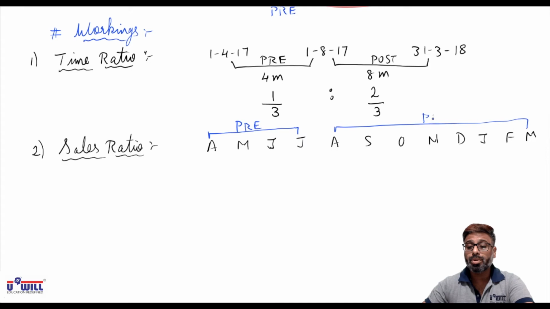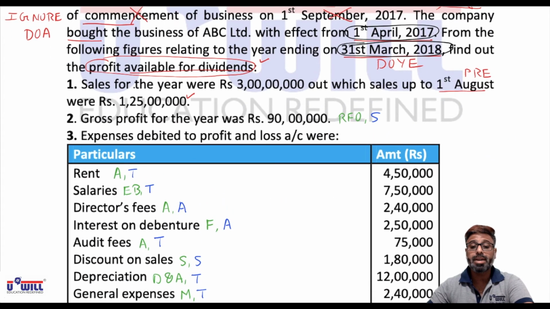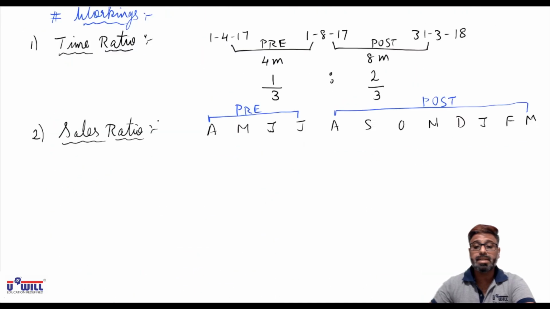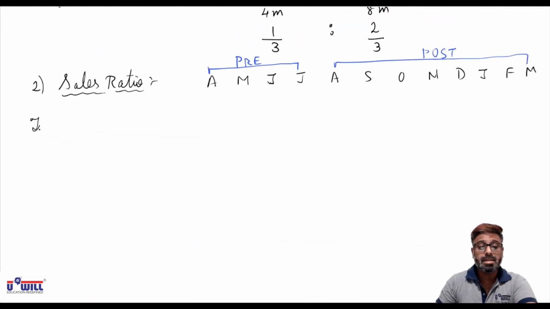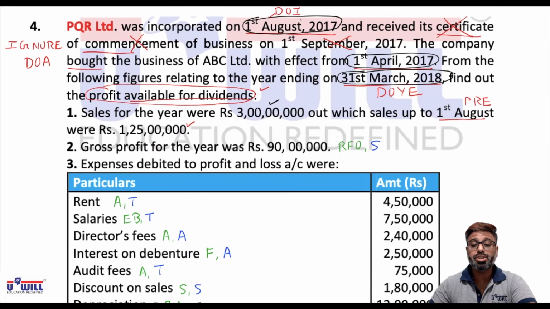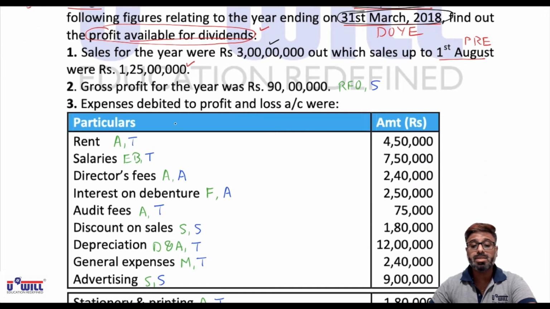Okay, so what are the sales? Now if you see the information of first point, total sales for the year is 3 crores. Okay, total sales for the whole year is 3 crores. And then they say out of which up to 1st August, means pre-incorporation period, is 1 crore 25 lakhs.